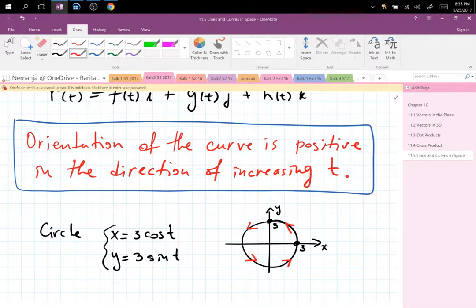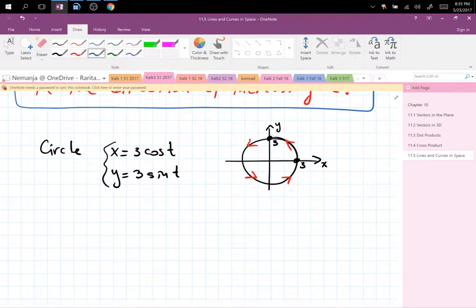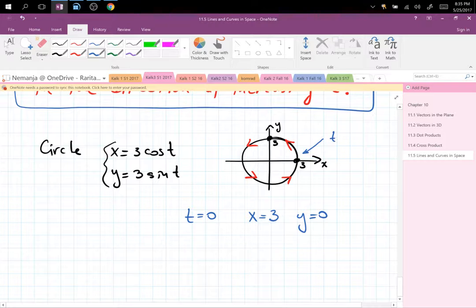So in this case, you can quickly figure out that this is correct by simply computing just two values. Compute t equals 0. When t is equal to 0, x is equal to 3, and y is equal to 0. So this point here is t equals 0.